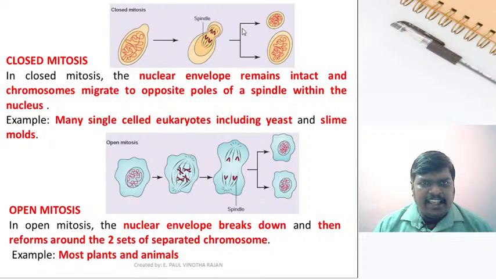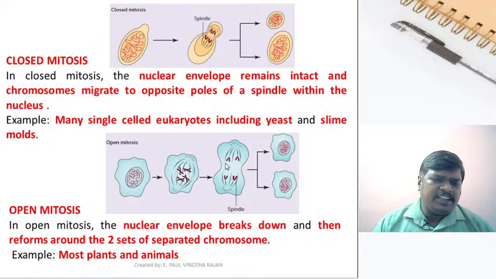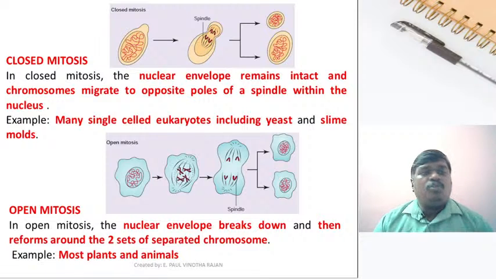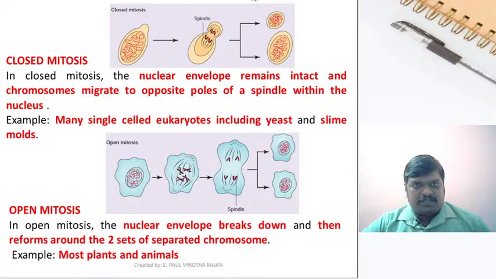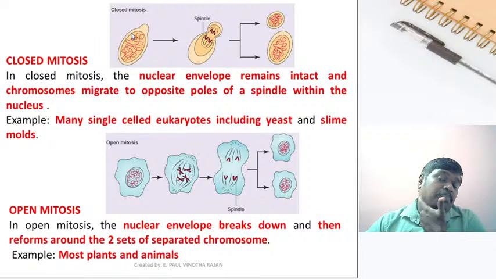Can you all see this diagram? Just observe the diagram. With the help of this diagram, you can easily understand the process of closed mitosis and open mitosis. In the case of closed mitosis, the nuclear envelope, can you all see it here? This is the nuclear material, and the outer covering that I am showing you is called the nuclear envelope.